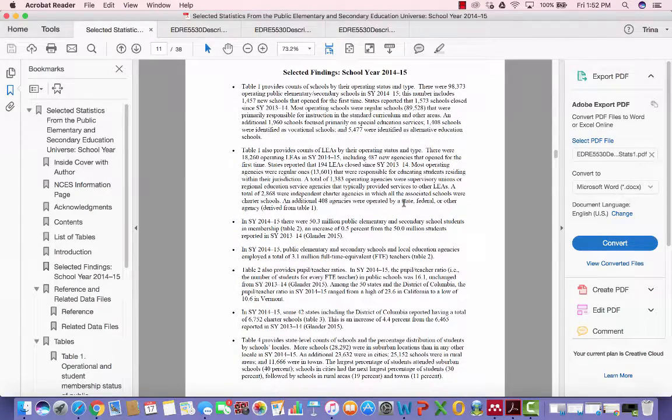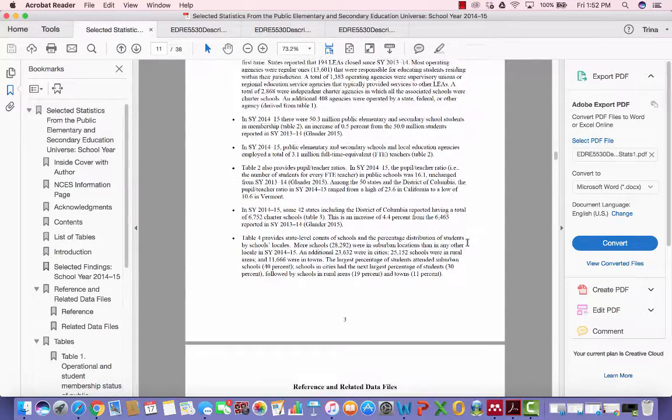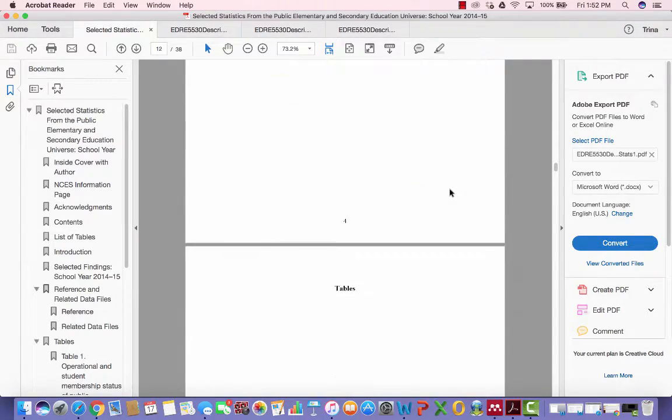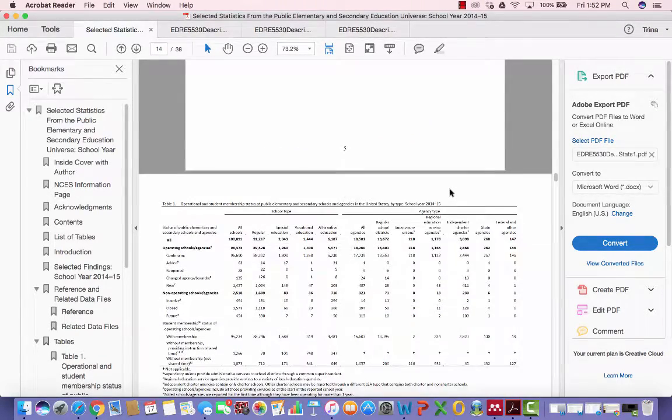And then selected findings here are almost what you might think of if you have experience with an executive summary. That's what that looks like to me. And then they have their references, and then we'll get into the tables.